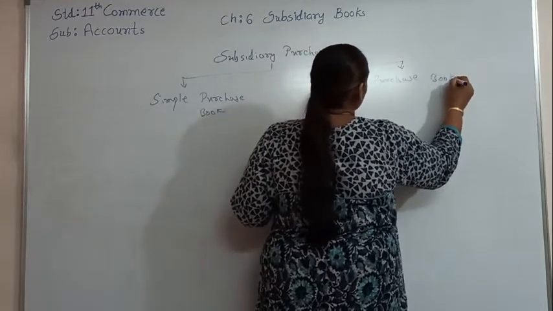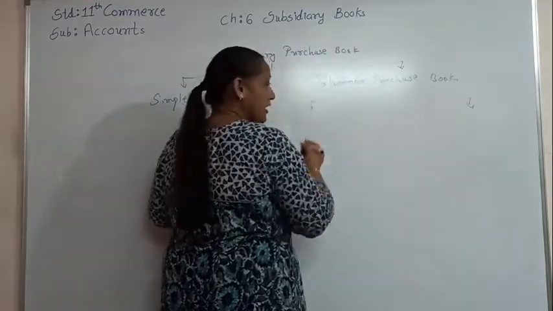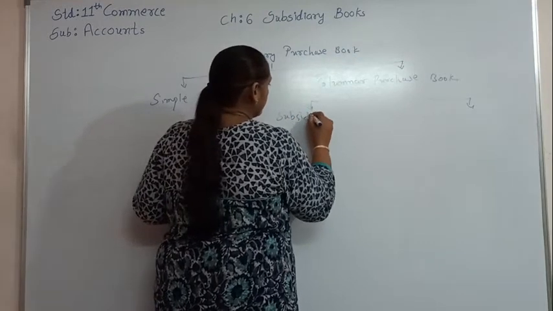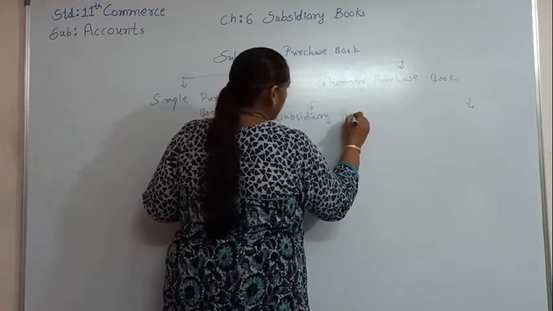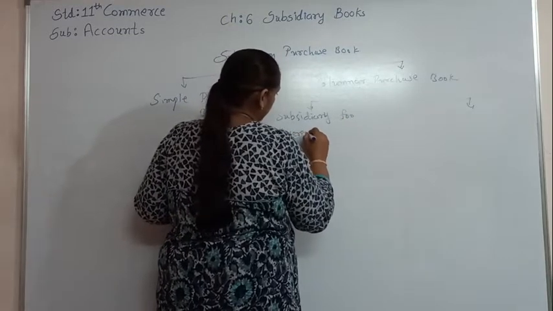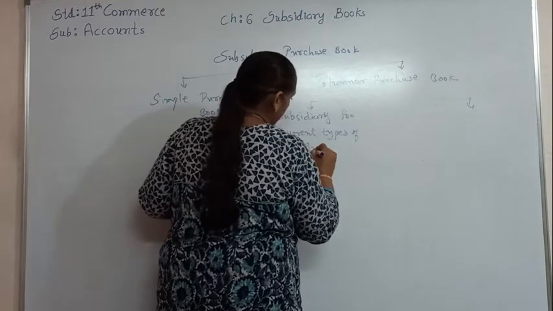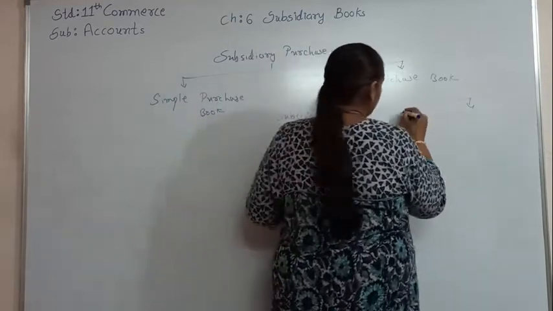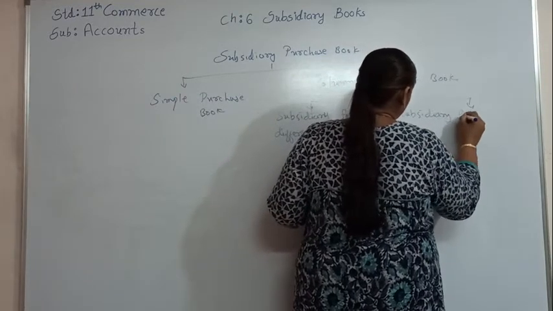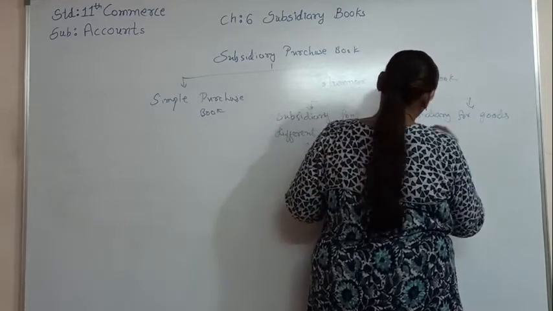And the columnar purchase book is again divided into two categories, that is columns for different types of goods, and the second one is a subsidiary for goods as well as expenses.